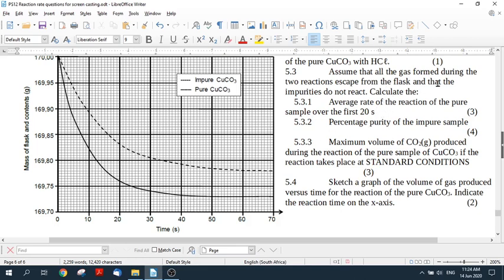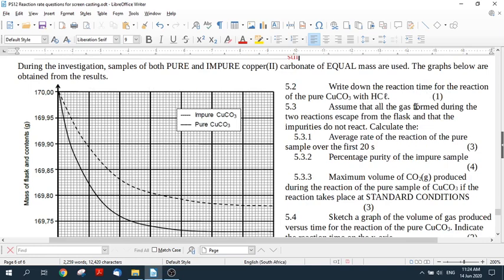If you check the memo, it gives you a range of marks, but basically it's wherever the graph went flat, because no more carbon dioxide is being produced, so the weight doesn't decrease anymore, so the reaction is now complete. So somewhere about 44 seconds. The memo gives you a range of answers.